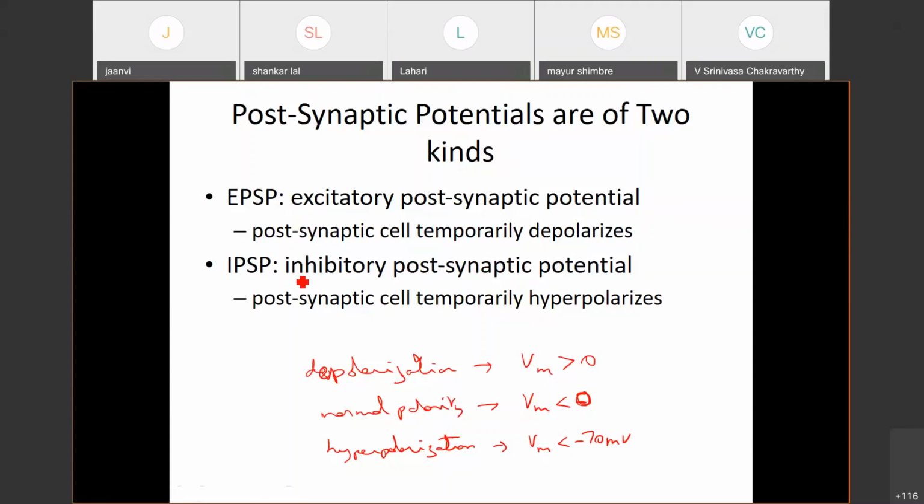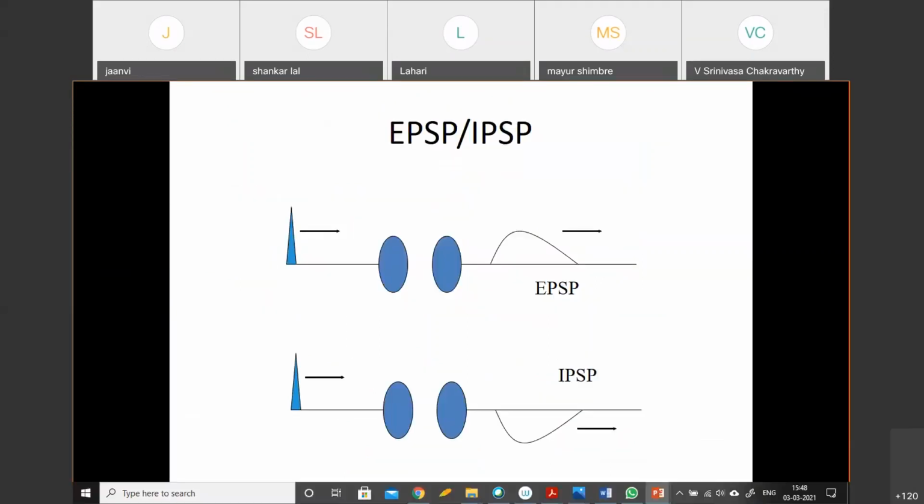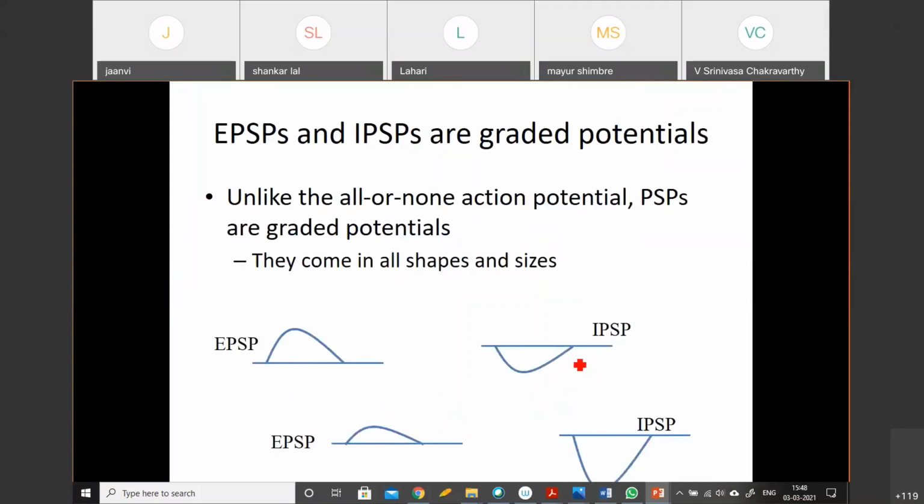Positive deviation is referred to as excitatory postsynaptic potential, and negative deviation is referred to as inhibitory postsynaptic potential. So these are the two kinds of signals on the postsynaptic side. If you have a positive deviation, you call it an EPSP, and if you have a negative deviation, it's called an IPSP.